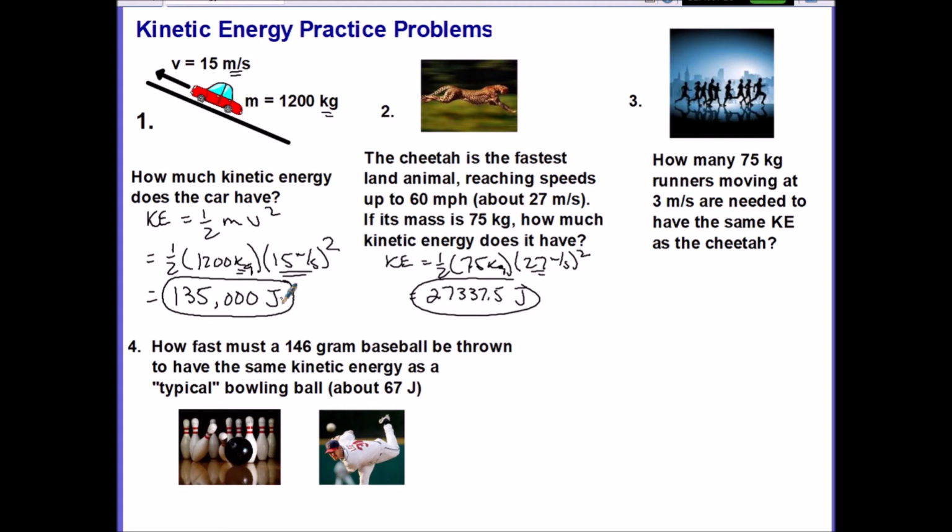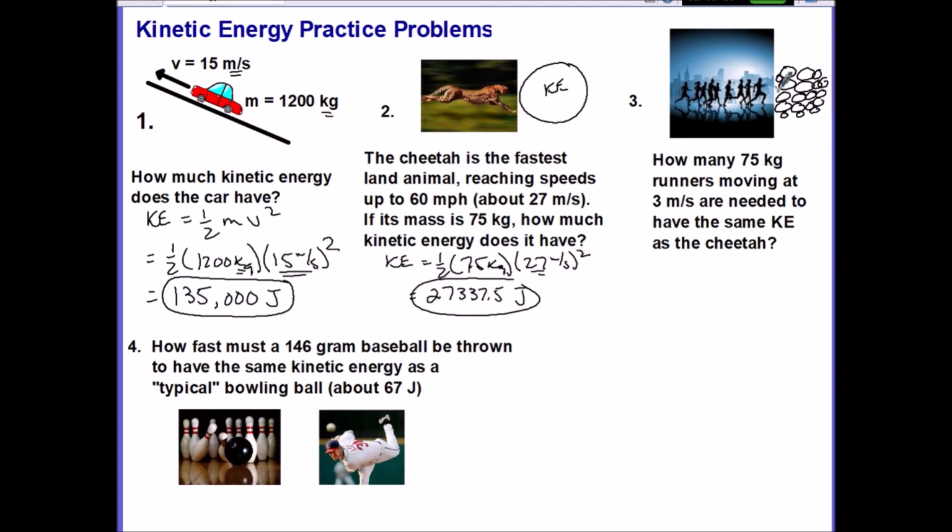Now, number 3 is a problem that we could solve in a variety of ways. How many 75 kilogram runners moving at 3 meters per second are needed to have the same kinetic energy as this over here? So this thing's got a fair amount of kinetic energy. Over here, we just have a bunch of people that have much less kinetic energy, but when I'm done, I want to have the same amount of total kinetic energy as that cheetah.